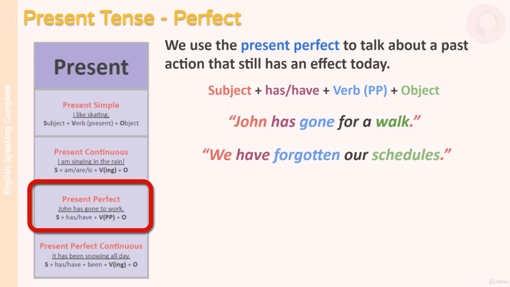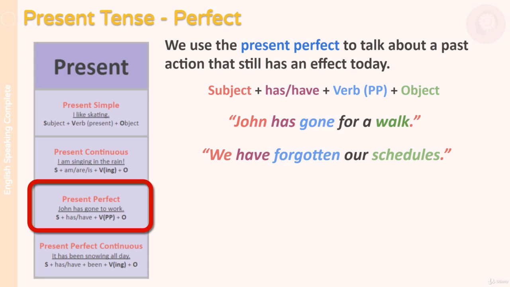V1, forget. V2, forgot. V3, forgotten our schedules. So we forgot the schedules earlier. Therefore, we don't know where to go. The effect is we are lost. We don't know where we need to be. So something that happened in the past that has an effect today.